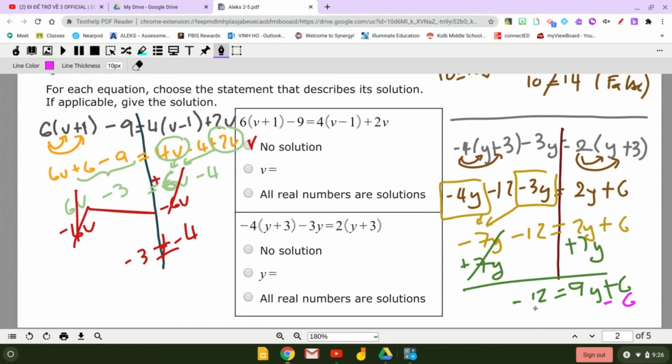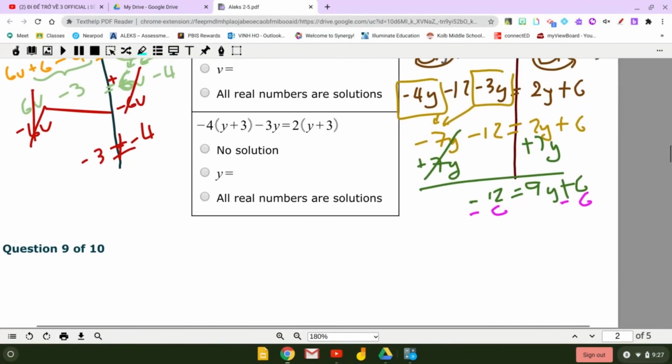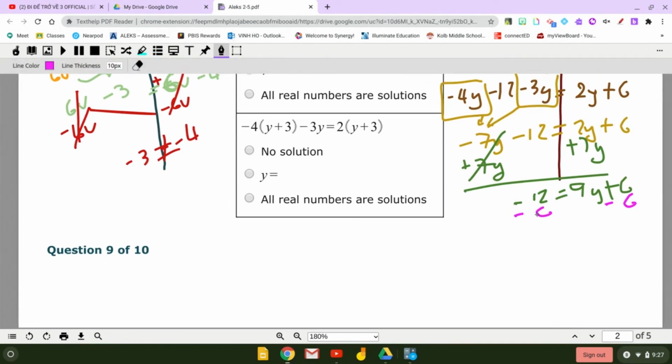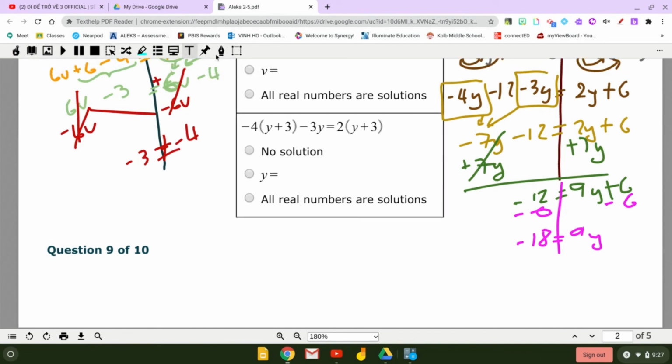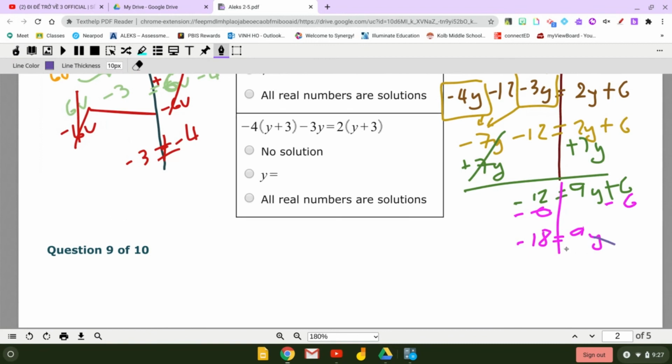We subtract 6 on both sides. So that will end up with -18 equal to 9y. And then we divide by 9 on both sides. So y equal to -2.